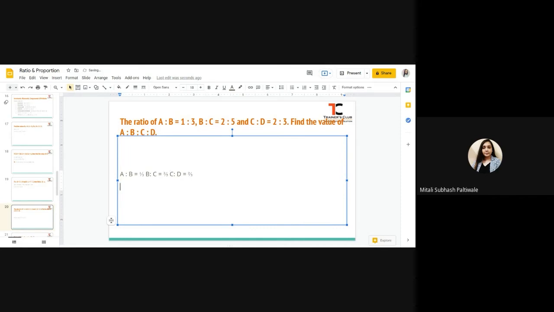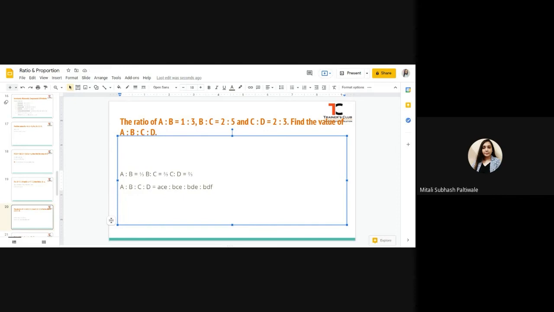Okay, so now let's follow. Here, if at all you have equations like this and you have to find A is to B is to C is to D, then ACE is to BCE is to BDE and BDF. Now, what is A and B and C and D and E and F again?